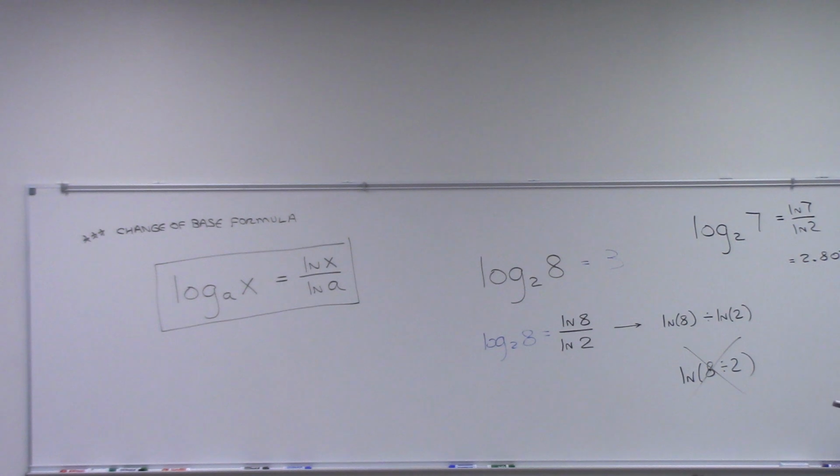You could check your work by taking 2 on your calculator and raising it to that power. I'm going to stop at the 5 here. So if I raise 2 to the 2.80735, I get 6.999976118. So it's close. Again, we're going to have some rounding errors, but that's okay.